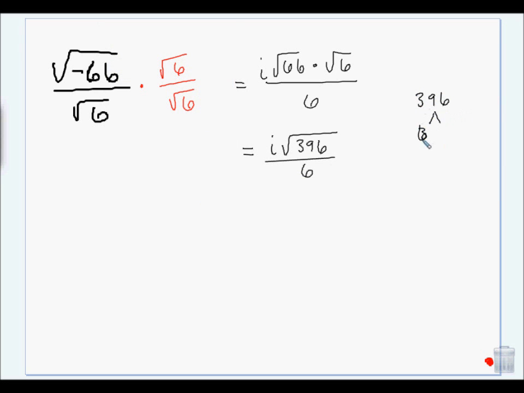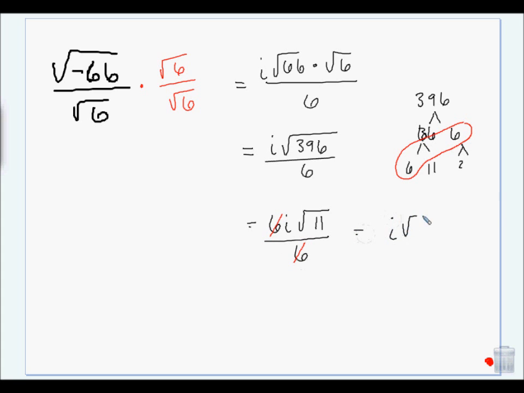Well, I know that that's 66 times 6, which is 6 times 11. And I could keep going, but I have a pair of 6s, don't I? So this is 6i times the square root of 11 over 6. And my 6's cancel. So I end up with i times the square root of 11.